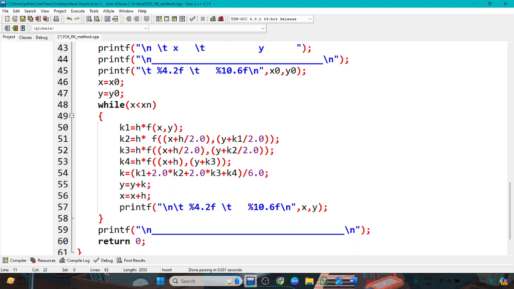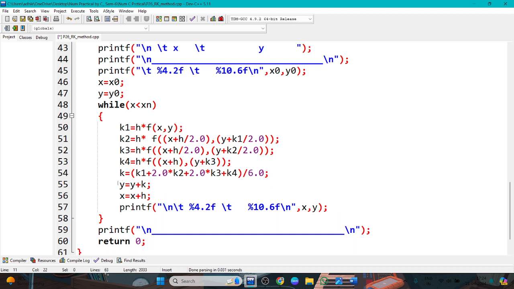Now x equal to x0 and y equal to y0. While x less than xn, k1 equal to h into f(x,y), k2 equal to h into f(x plus h/2, y plus k1/2), k3 equal to h f(x plus h/2, y plus k2/2), and k4 equal to h into f(x plus h, y plus k3), and k equal to (k1 plus 2k2 plus 2k3 plus k4) whole divided by 6.